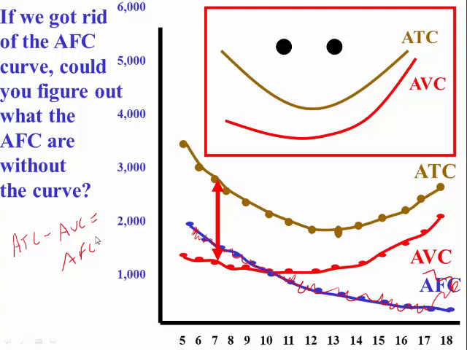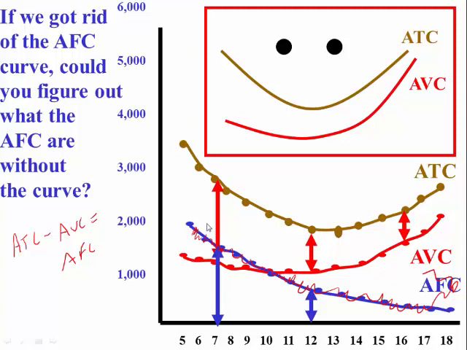Notice that the difference between ATC and AVC is identical to the difference between the x-axis and the AFC. So no matter where I pick on the graph, the difference between ATC and AVC would be the same difference between the x-axis and the AFC. So we can get rid of AFC and figure out AFC by taking ATC and subtracting AVC.